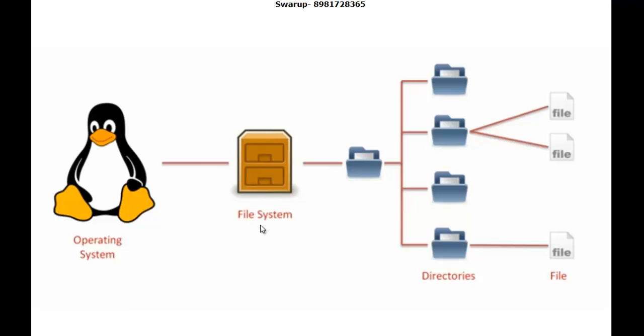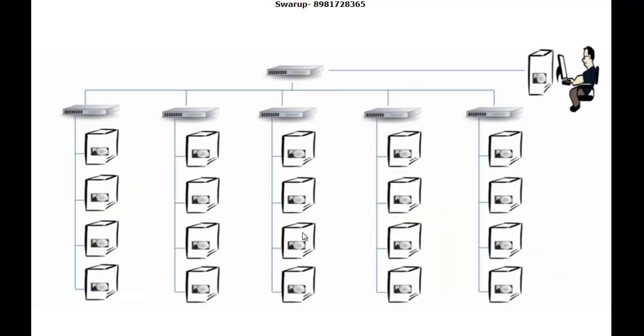Similarly, as we move ahead, we know that a file system can be based on a single computer, or it can be a network-based operating system. Imagine a network where a series of computers are connected to each other and we need to maintain the details of this entire network. A file system like NTFS will ensure the detailed information of the systems present in the network.